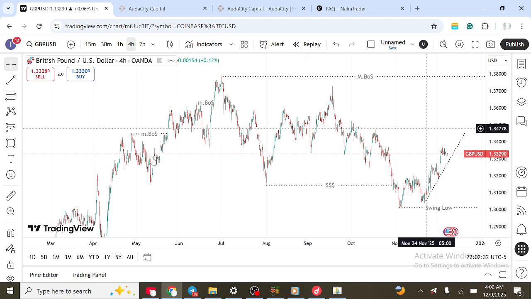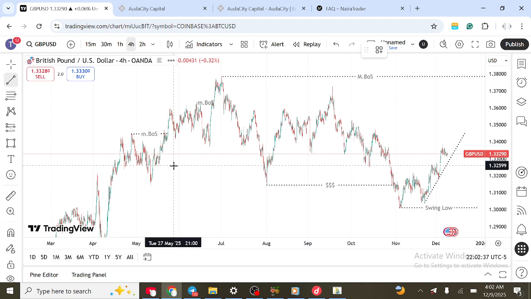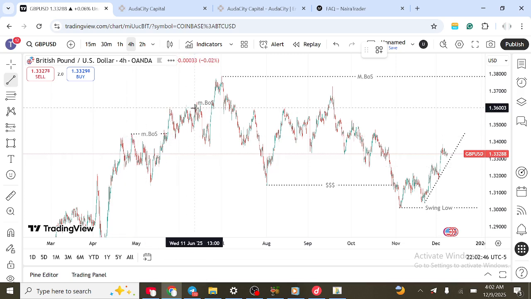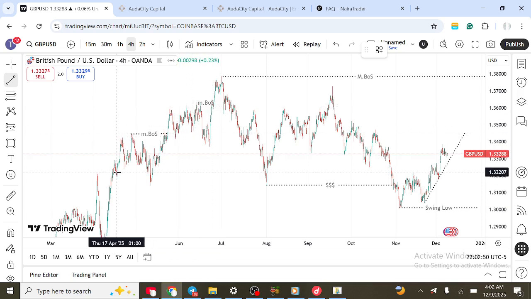USD, and as you can see here, internally this is type A, right? We have the minor here, and then we have the major here. This is our minor and this is our major, and this is the liquidity sweep.